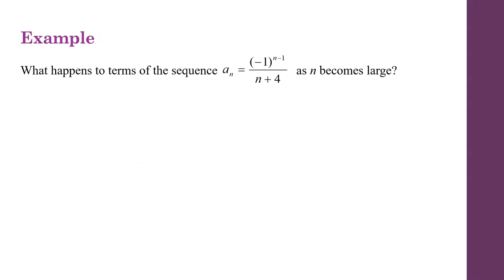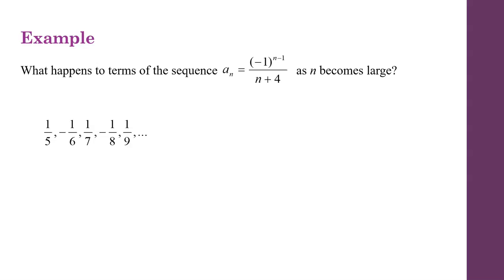So in our first example, we want to know what happens to the terms of the sequence a sub n equals -1 to the n minus 1 over n plus 4 as n becomes large. In the last video, we had actually examined this sequence and we found the first 5 terms to be 1/5, -1/6, 1/7, -1/8, 1/9.